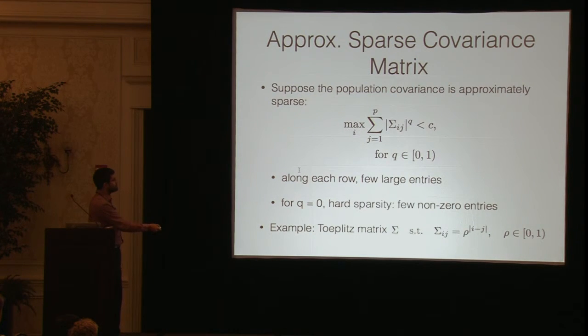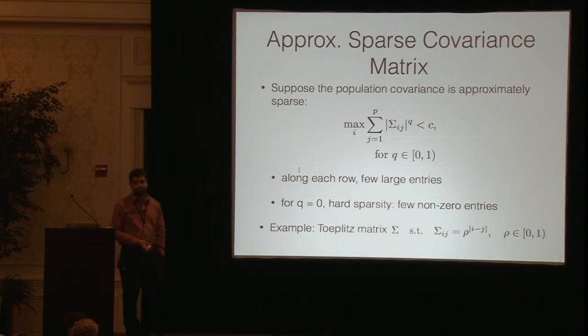If q is 0, this is exactly hard sparsity, where every row of the population covariance matrix has a bounded number of non-zeros. But for q greater than 0 but less than 1, this amounts to some weak sparsity. So the Toeplitz matrix, defined as so, does not have any zeros, but I would still call it approximately sparse.